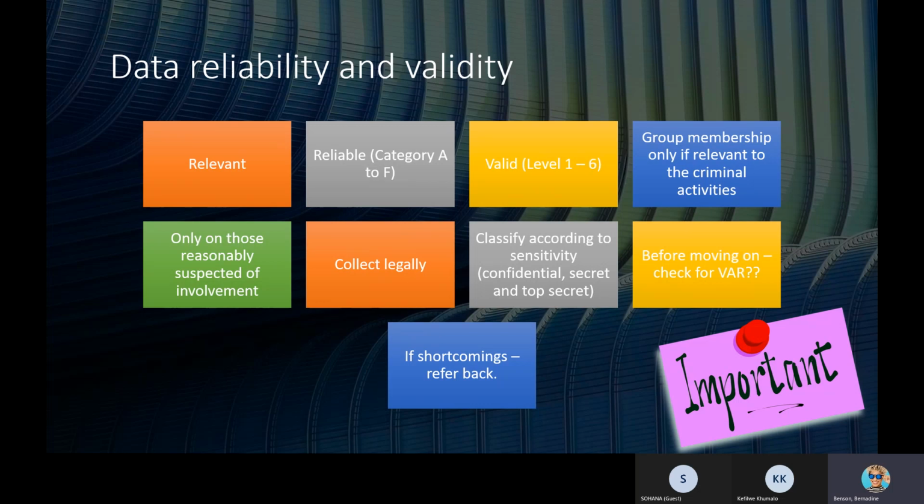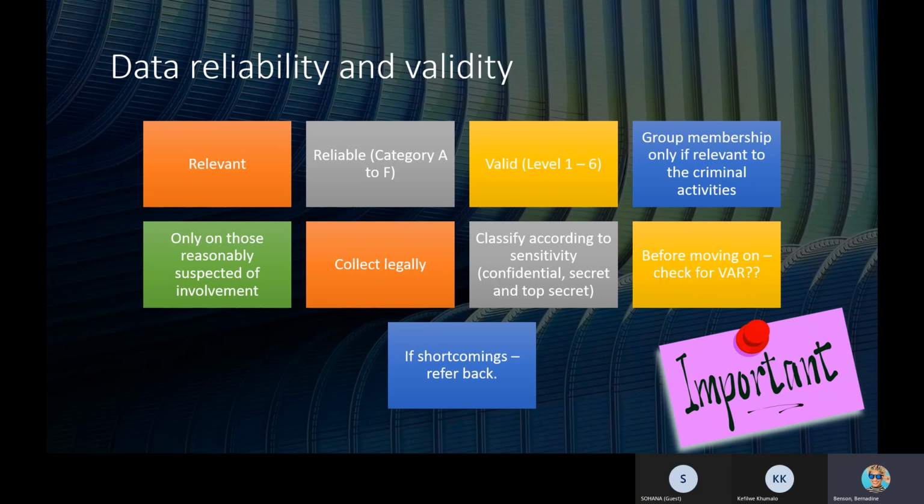Now, when we deal with data, and with the collation and working with data, there are certain international principles that are applicable. These principles for data in our context are: the data must be relevant to what we are doing.